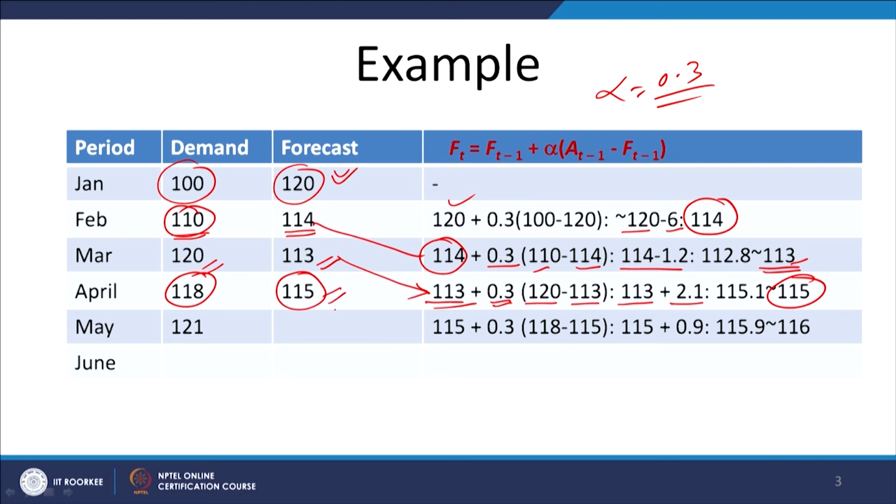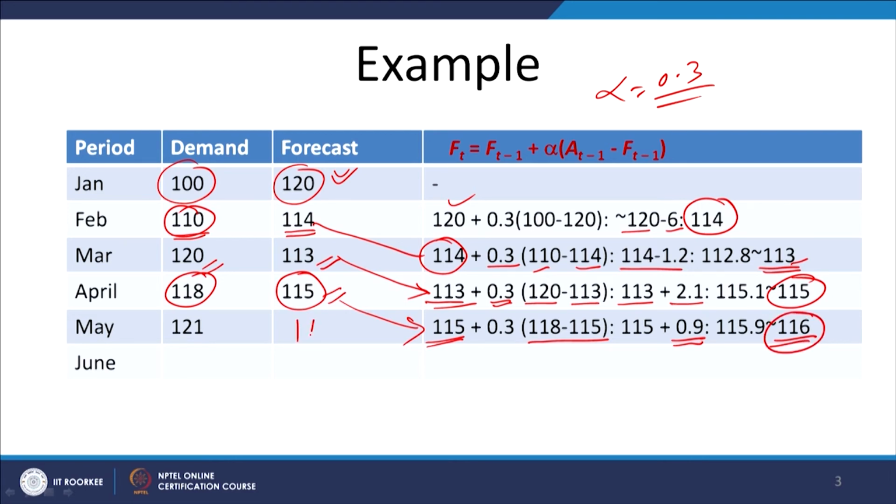So, the forecast of May can be calculated using the forecast of the most recent period, April, 115, plus 0.3 into 118 minus 115, that is 0.3 into 3, which is 0.9, plus 115. So, this will be giving us the forecast for May.